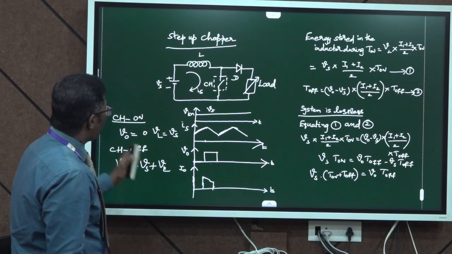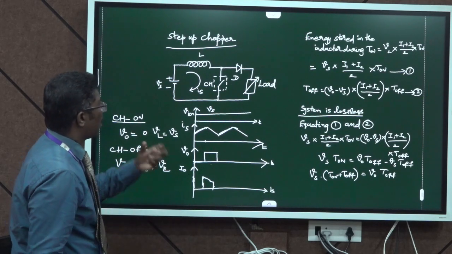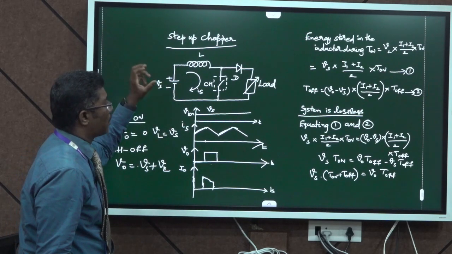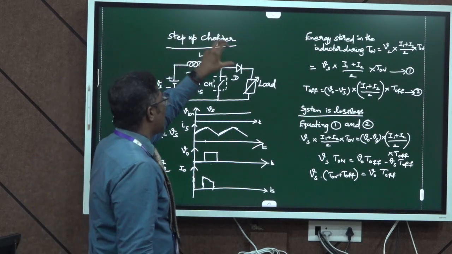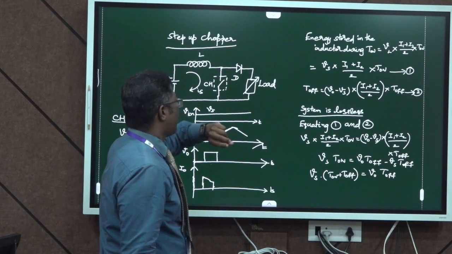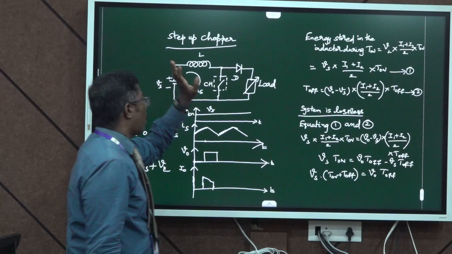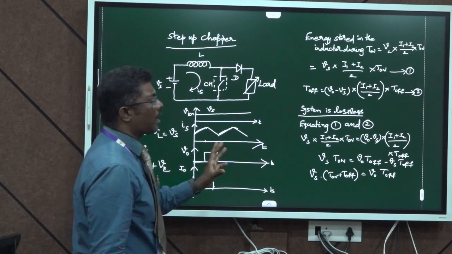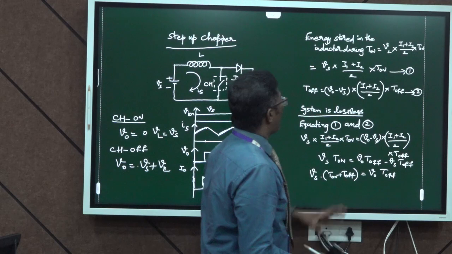So, I am getting an additional voltage that is stored in the inductor. The energy stored in the inductor appears in the output voltage across the load during the off time period. So, I am going to calculate the energy during the on time period.